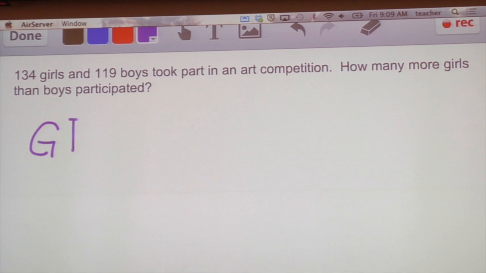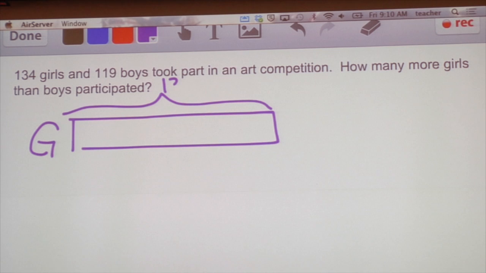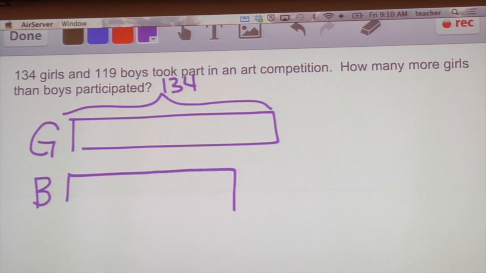I'm going to show the bar, and it's 134. Now, I need a bar for the boys. Is that going to be longer or shorter? Shorter. Right. So tell me when you think I should stop. Stop. Great. And I'm going to mark that as the 119.